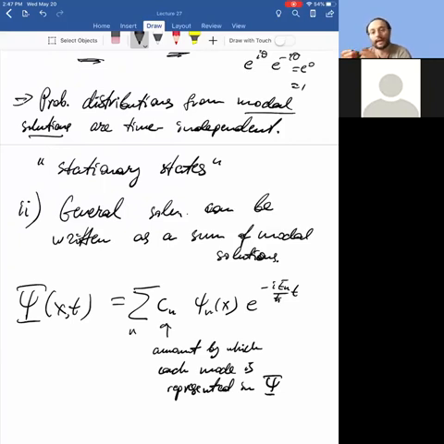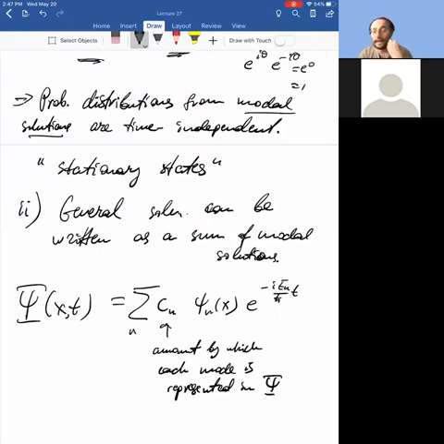Except that now we're not adding up just plain waves, we're adding up modal solutions. So how do you determine these coefficients? These coefficients are determined by initial conditions. Just a fact for you, don't worry. You're not supposed to know that right now, I'm just giving you that as a fact.